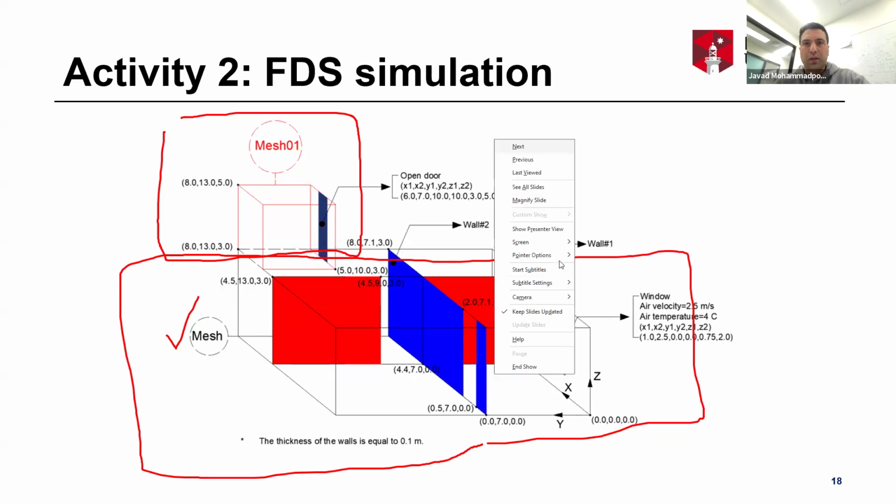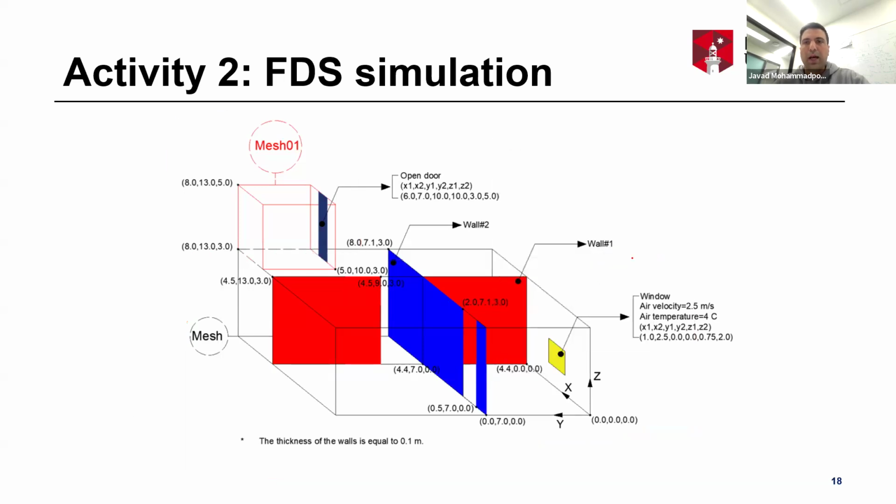We also consider we have a window, like a cooler, and the air velocity is 2.5, coming into the building. The window is open and the air temperature is around 4 centigrade. The ambient temperature inside the building is around 45. You can change that to 25, depending on your assumptions.